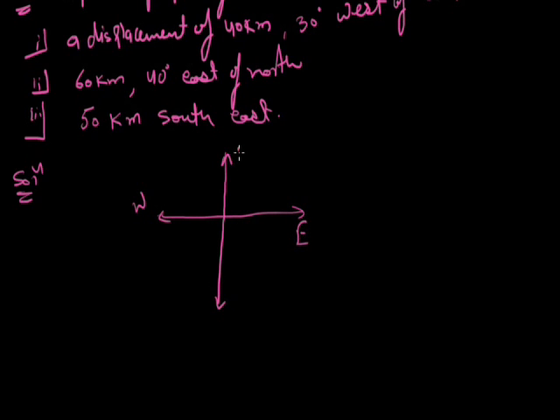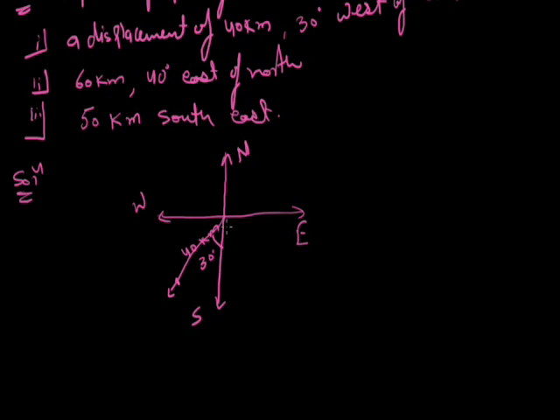Now the solution: draw east, west, north, and south. The first part is a displacement of 40 kilometers, 30 degrees west of south. West of south means the angle made is 30 degrees with south. So this angle is 30 degrees, and the displacement is 40 kilometers.